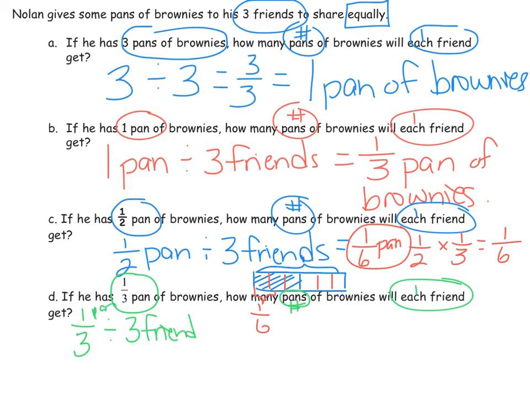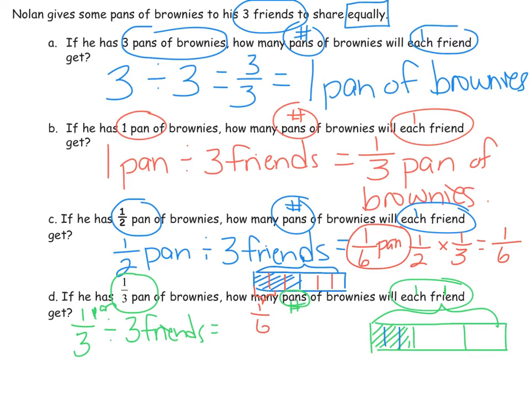I forgot to label it. Well, so let's do a little tape diagram again. So here's my whole pan, but I'm only going to have 1/3 of it for brownies. And each of 1/3 has to be broken into my 3 friends.